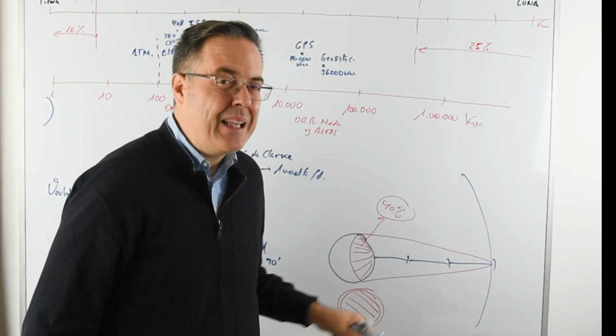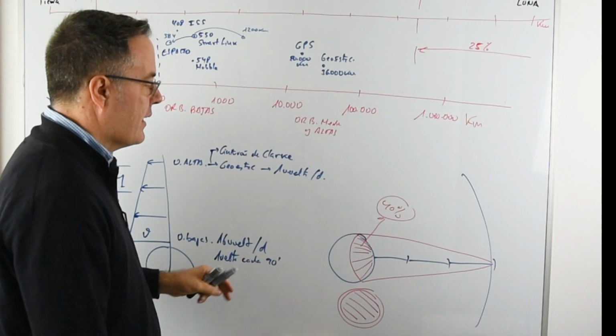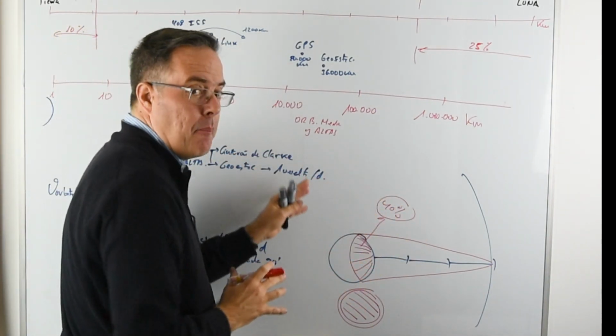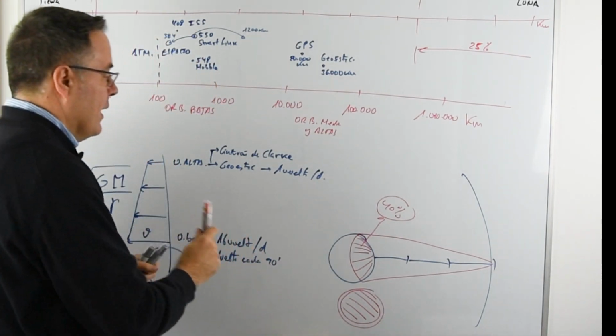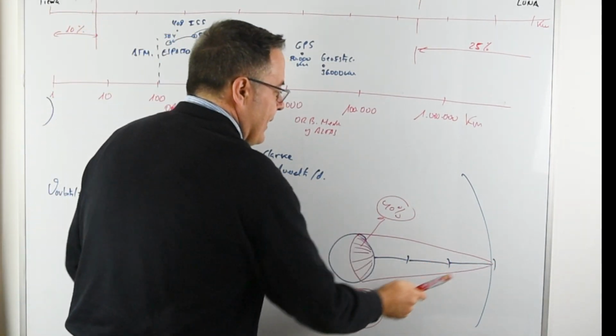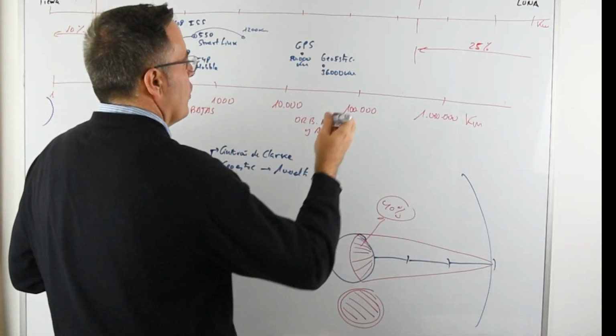And then you can imagine that with a small number of other satellites, we can cover the whole Earth's surface.